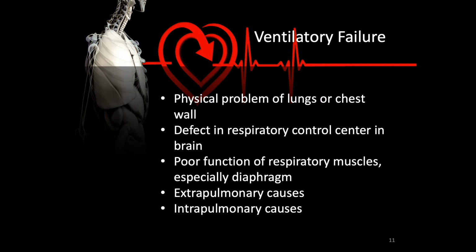There could be causes from outside or inside of the lungs, that is extrapulmonary or intrapulmonary causes. Changes in the calcification of costal and sternal cartilage will cause decreased chest wall mobility.